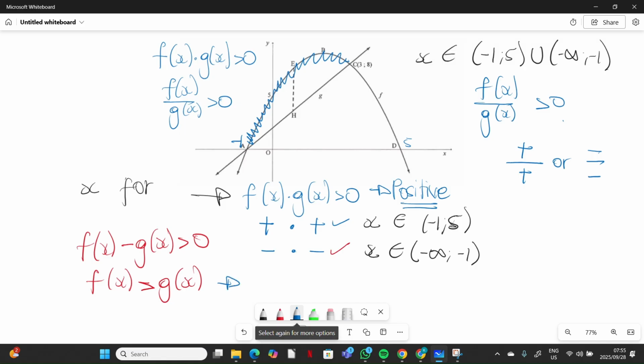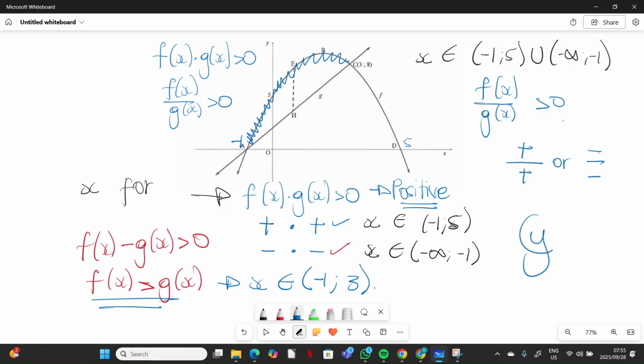So here, the x value would be an element of -1 going to what? Going to 3. And that's how you will do it. Because remember, f of x or g of x is just saying the y coordinates. Okay. So I hope that made sense there.